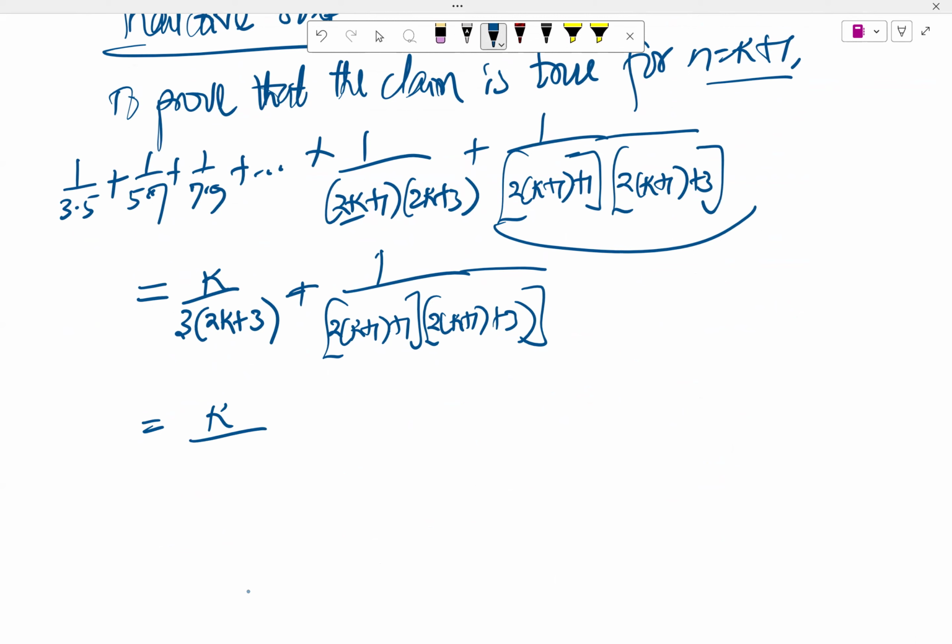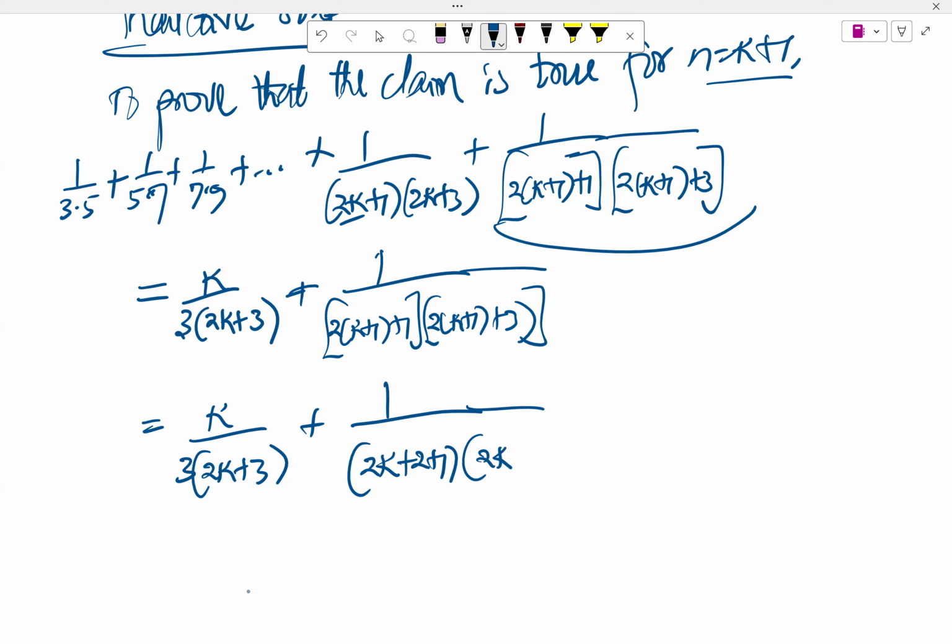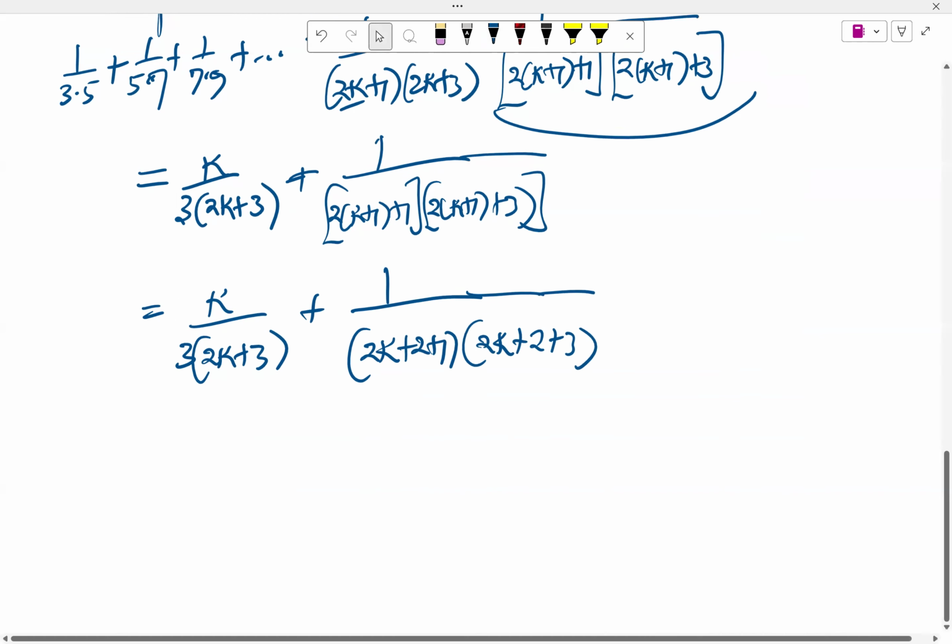So you have k over 3(2k + 3) plus 1 over 2k. So expand this: (2k + 2 + 1)(2k + 2 + 3). Okay, and then we move on.